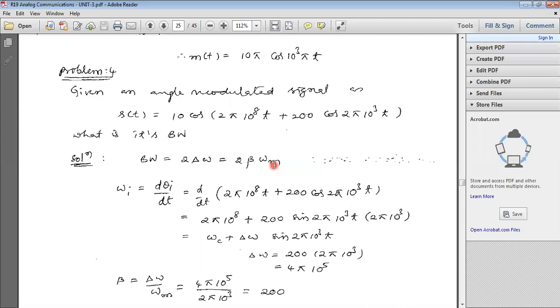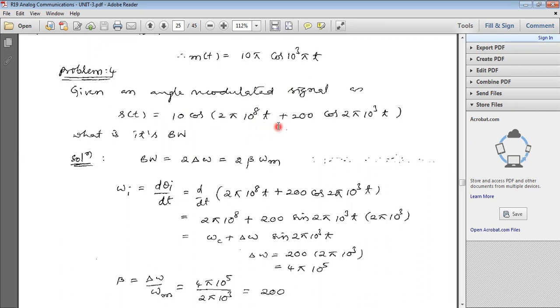Already you know instantaneous frequency omega is equal to the derivative of theta i. So the angle modulated signal is nothing but s of t equal to 10 cos theta of t.